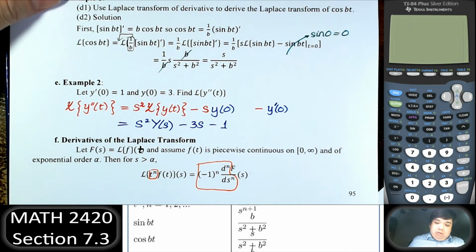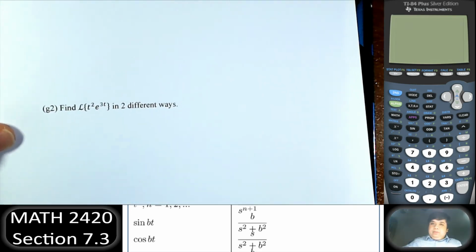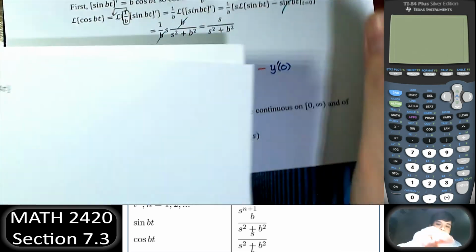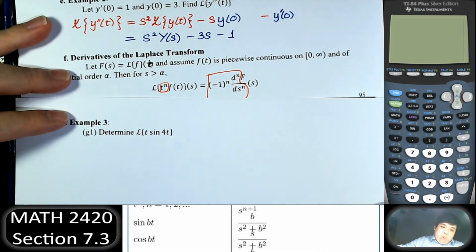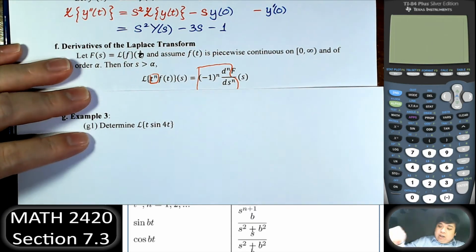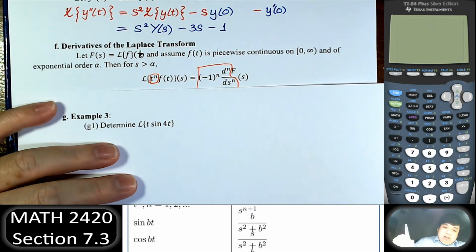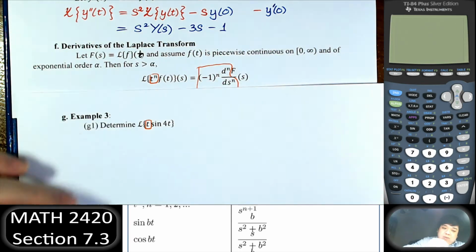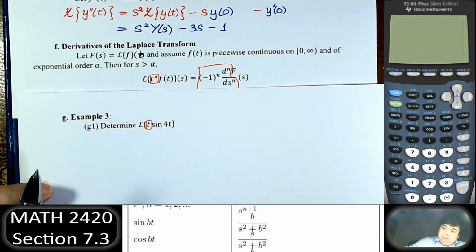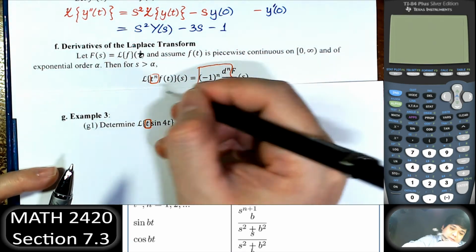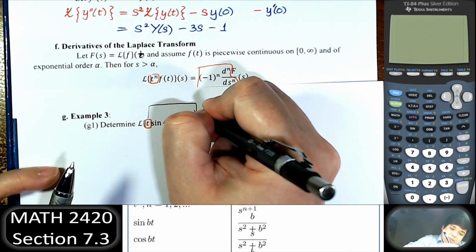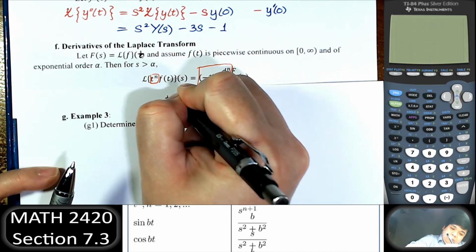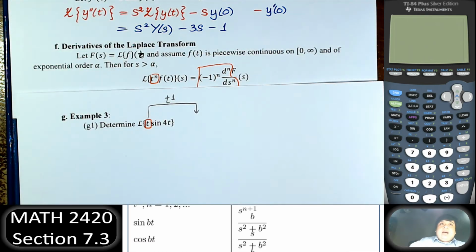Let's look at a couple of examples. When we have t to whatever the power is, here we have t, t to the first power.